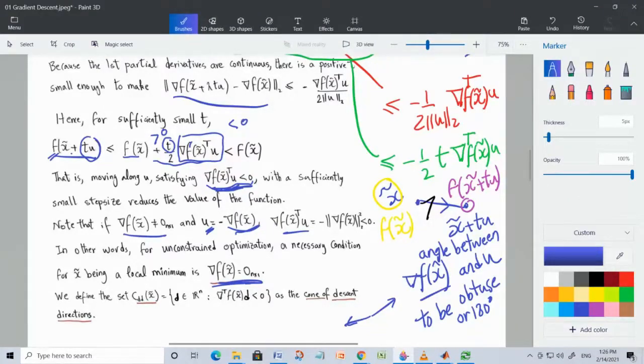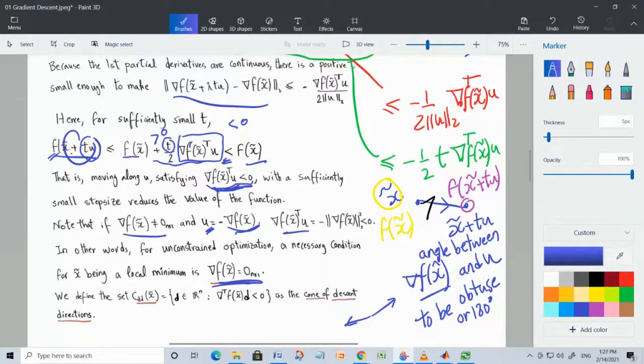Because if the gradient is not the all zero vector, then moving in a direction opposite to the gradient, if your function is C1, will lead you to a new point in which the function is strictly less than the function at x tilde. So if you want x tilde to be an optimal point, then you need the gradient vector evaluated at x tilde to be the all zero vector.